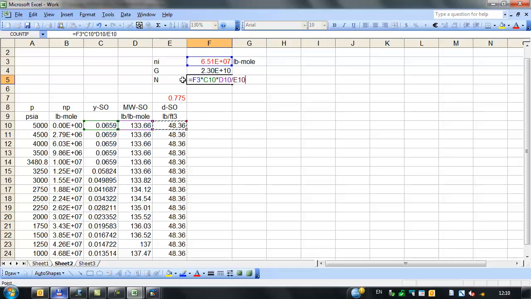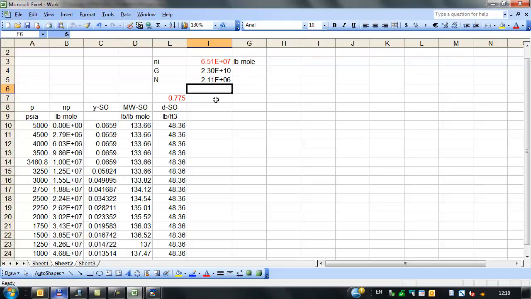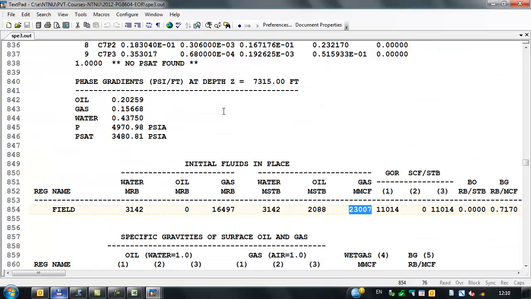And that's cubic feet, so divided by 5.6146. So 2.11 million barrels. Pretty close. A fraction of a percent.